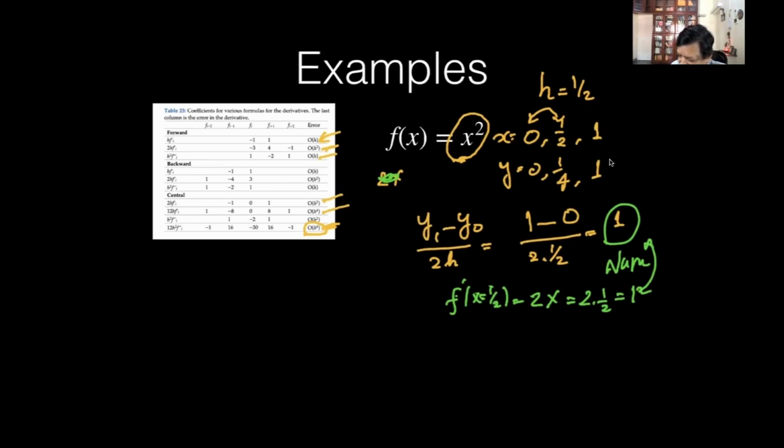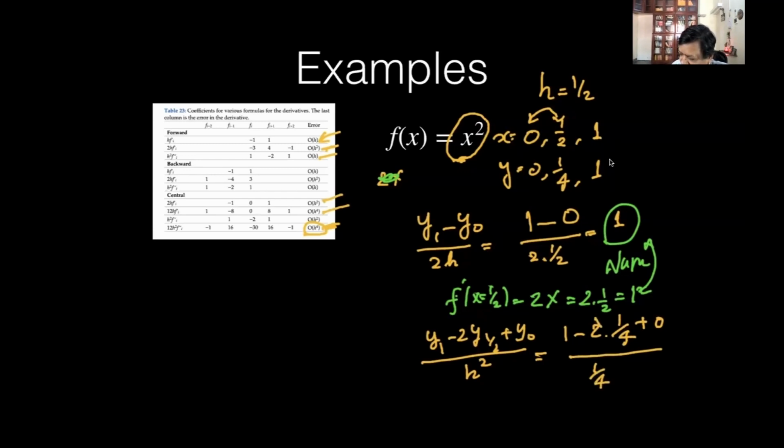Now let's do a double derivative. What do you do for the double derivative? So y1 minus 2y half plus y0 divided by h squared. So y1 is 1, minus 2 times y half, which is 1 quarter, plus 0, by h squared, 1 quarter.